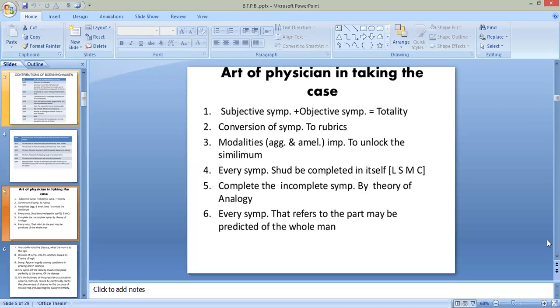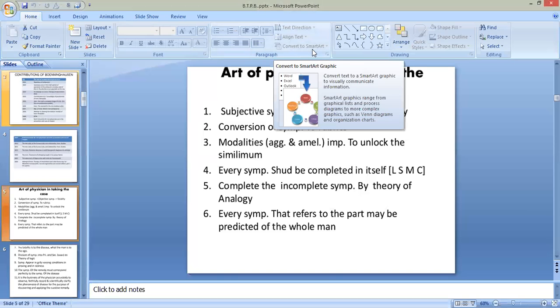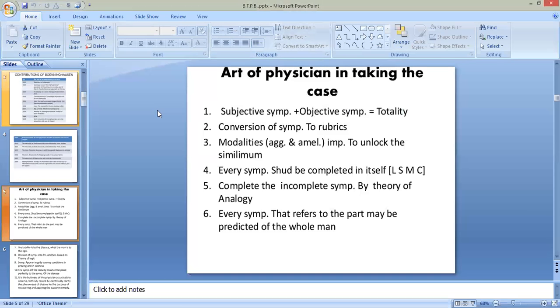Then the antidotal remedy. Many times after giving the first medicine to the patient, after giving the first prescription, there is no relief in his symptoms, but some new symptoms appear. At that time we have to retake the case and study the case properly.